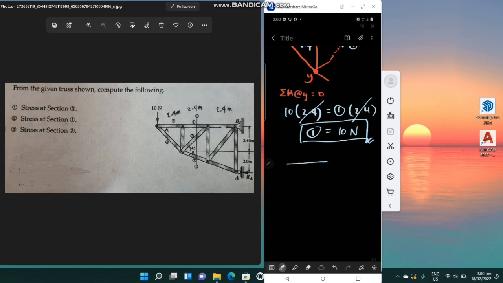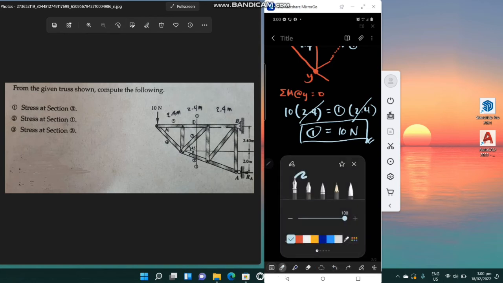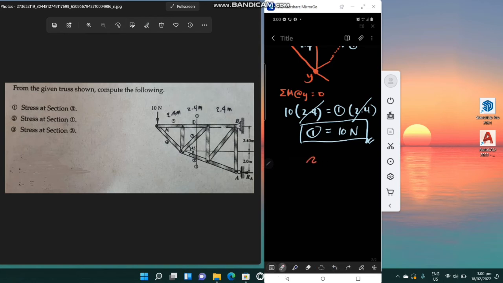Still pwede na to siya ma-compute by cutting. Summation moment at z equal to 0.